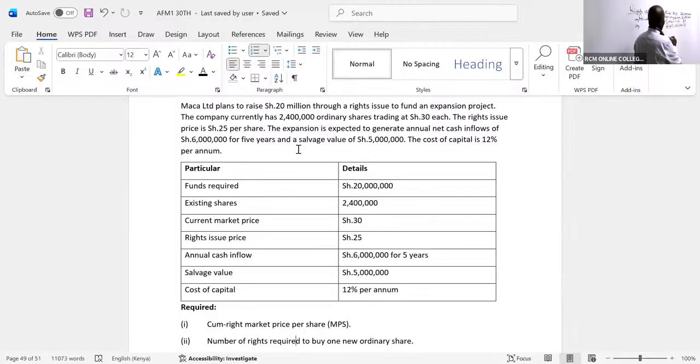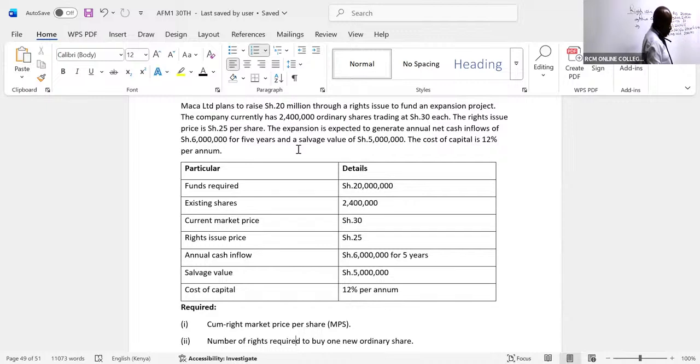Annual cash inflow. We have 6 million for 5 years. We have a salvage value of 5 million.